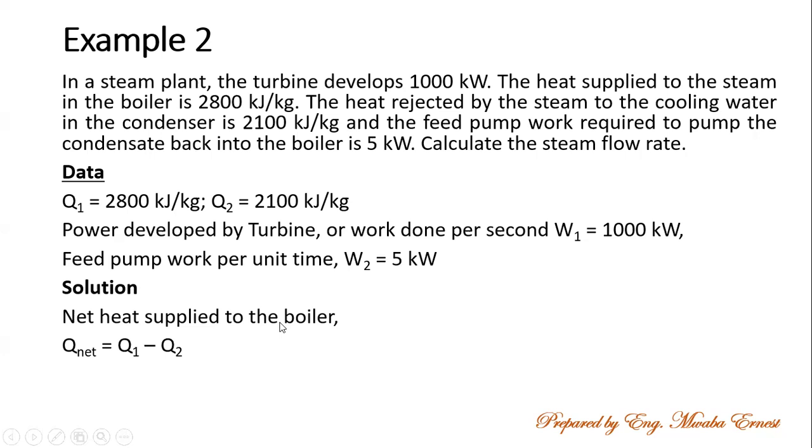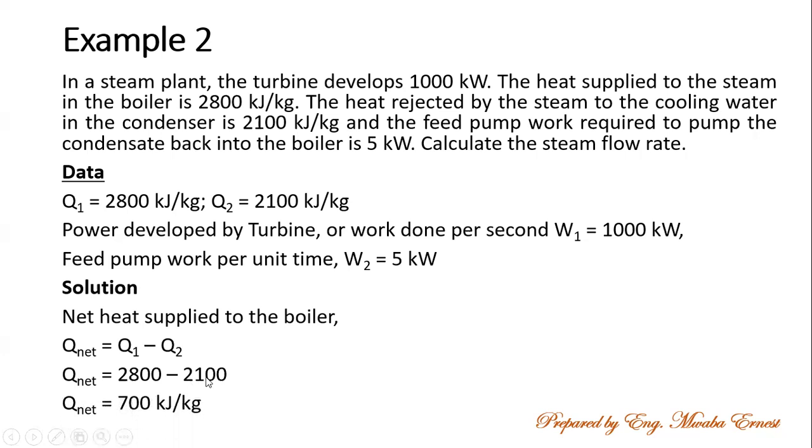The next thing we can do is just substitute for Q1, which is 2,800, then Q2 we substitute also for 2,100 in this format. So we're saying the net heat that has been supplied is equal to 2,800, which is the heat coming from the source, subtract 2,100, the heat that has been rejected.